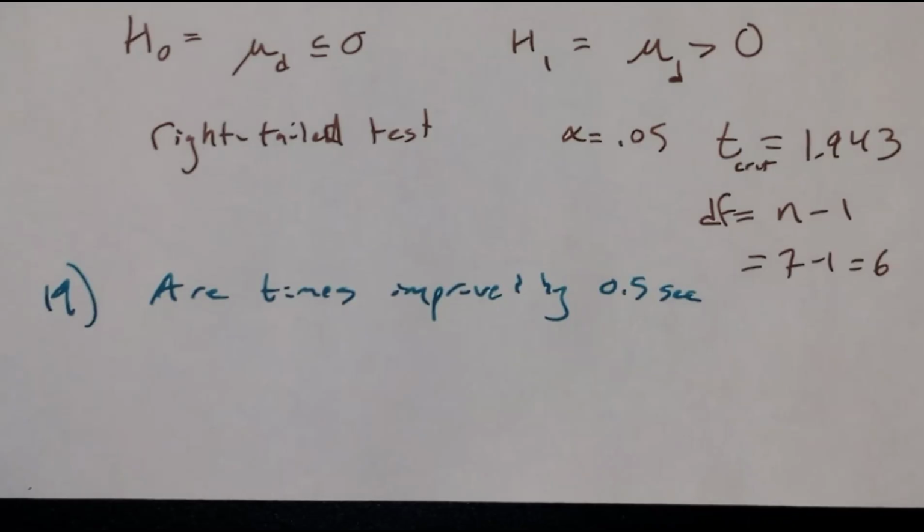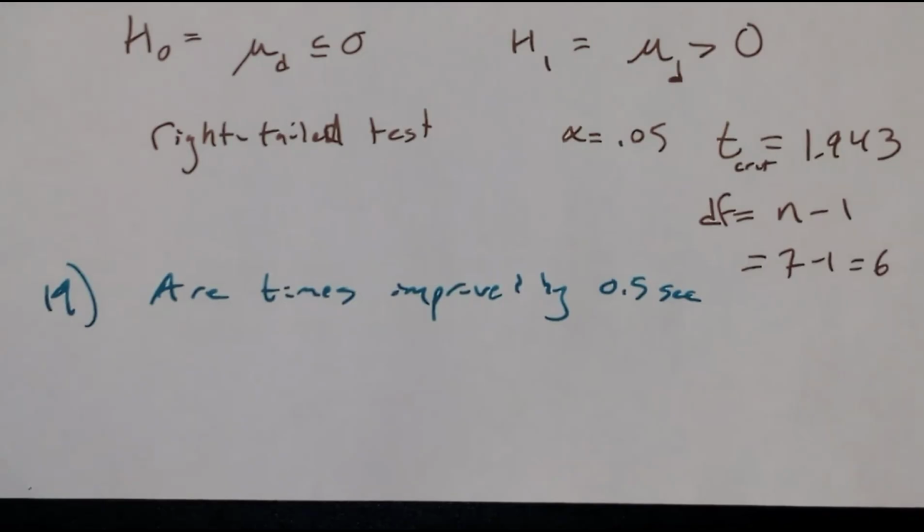So I'm going to think of the difference between my two data sets. Which one's variable 1, which one's variable 2, so I know which way to do the subtraction. Because I want the times to get better. Getting better in this case means getting smaller.